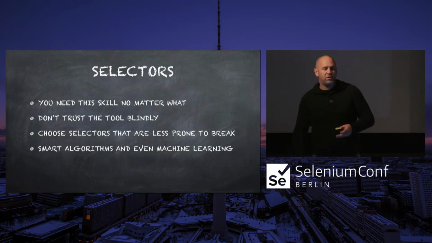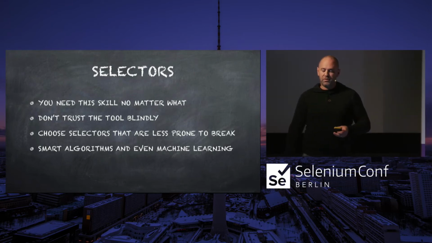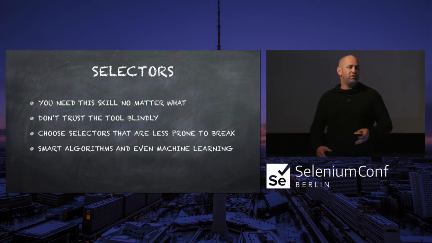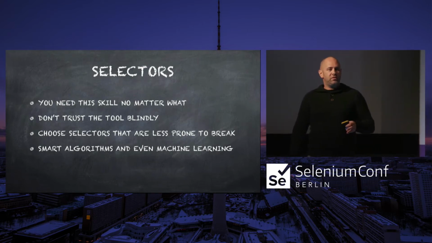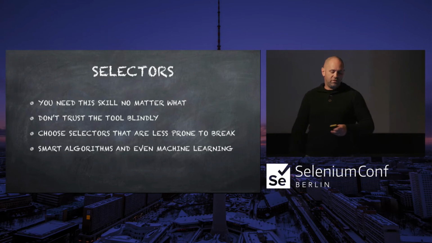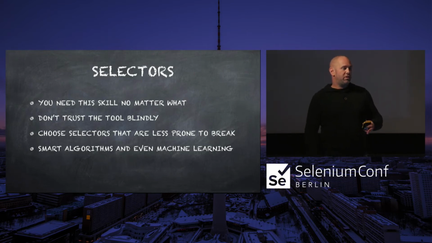Either because the tool might produce suboptimal selectors, or because breaking changes will require the users to fix the selectors sooner or later. This is one of the claims against using record playback tools, that they produce selectors that are based on paths and hierarchies and they're prone to break. I agree with this, but I think it's a matter of personal responsibility.